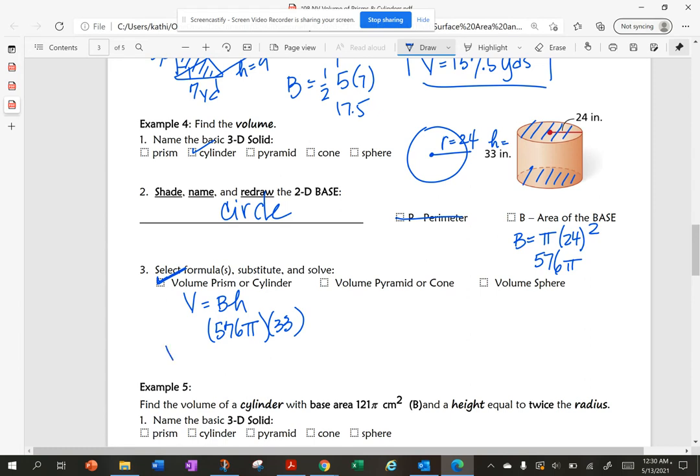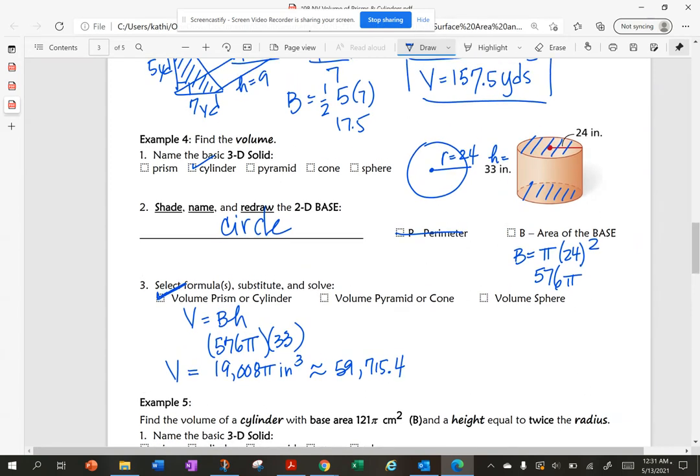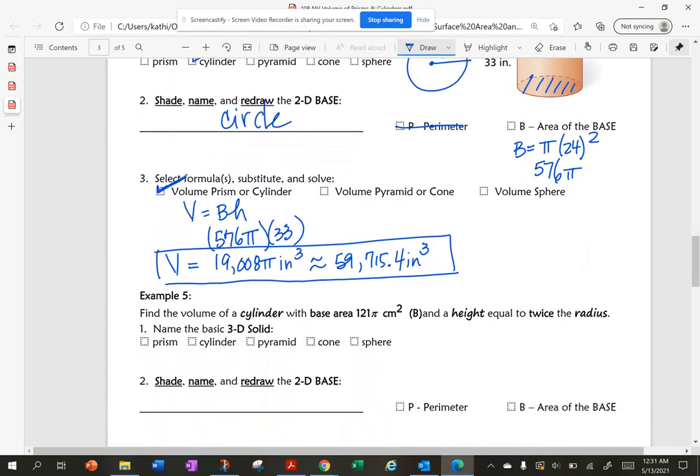So my volume exactly is going to be 19,008 pi inches cubed, or rounded, 59,715.4 inches cubed. So I always want to give two answers, one in terms of pi and one rounded.